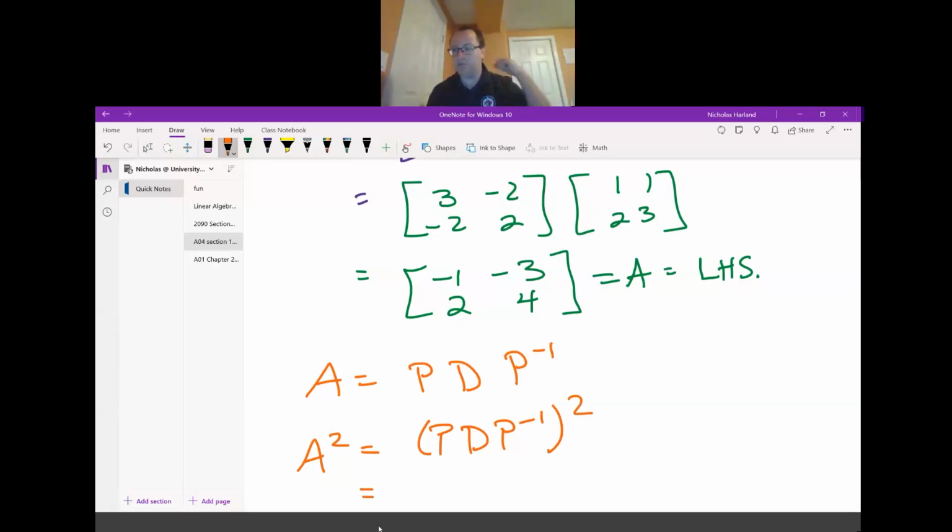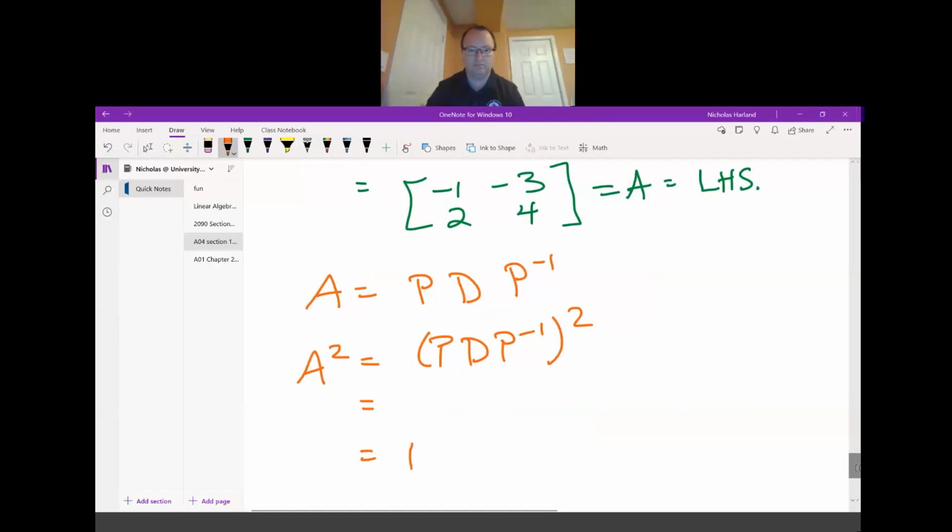So that's true, but what does that turn into? I've still yet to see it correctly simplified as answers in the chat. No, not D squared. That would be nice. Unfortunately, it's not. PD squared P inverse. Where are people getting PD squared P inverse from? That's PD P inverse times PD P inverse.